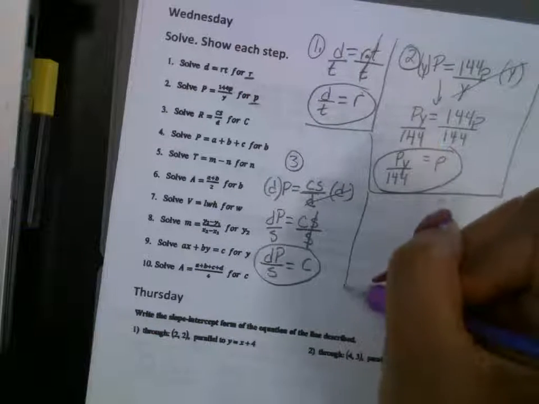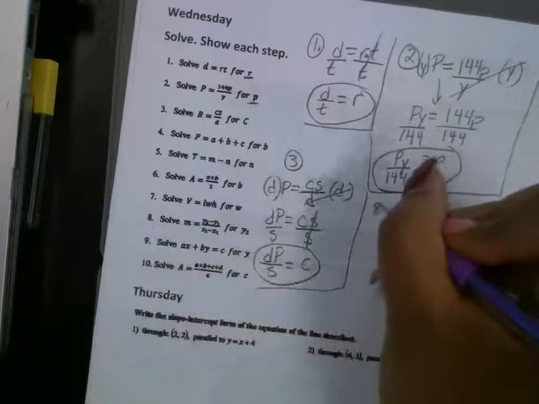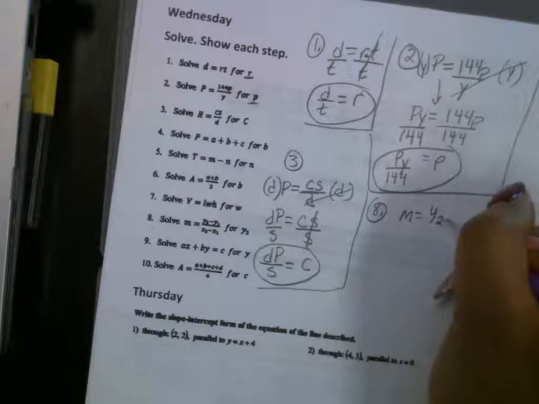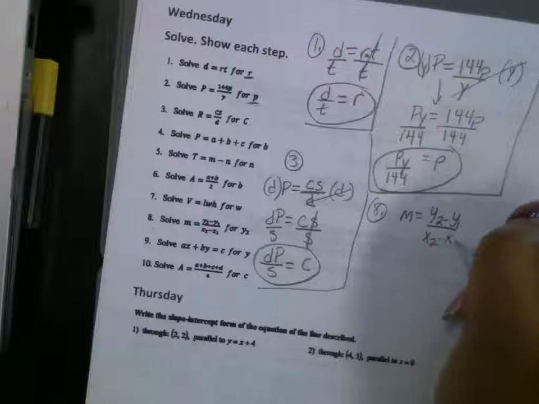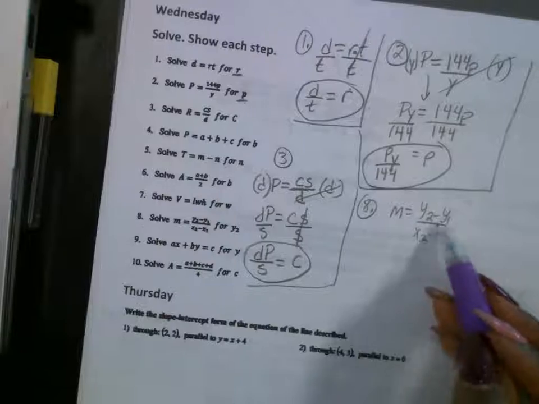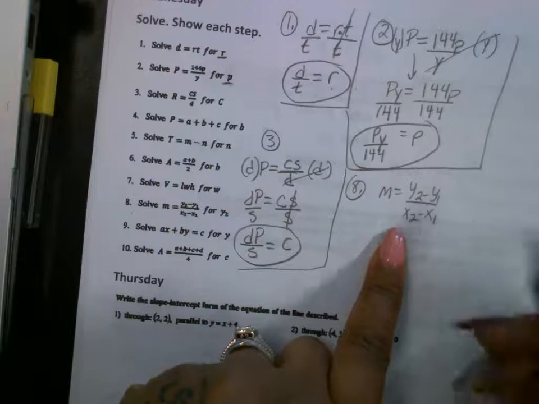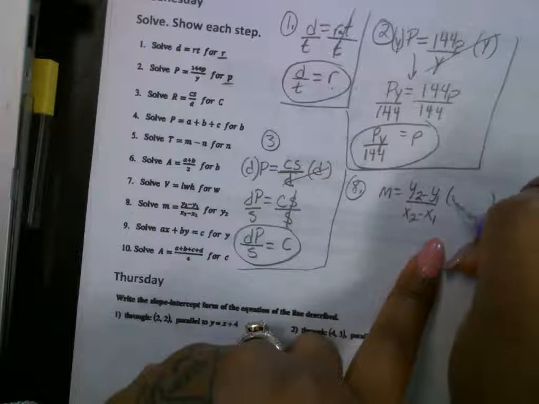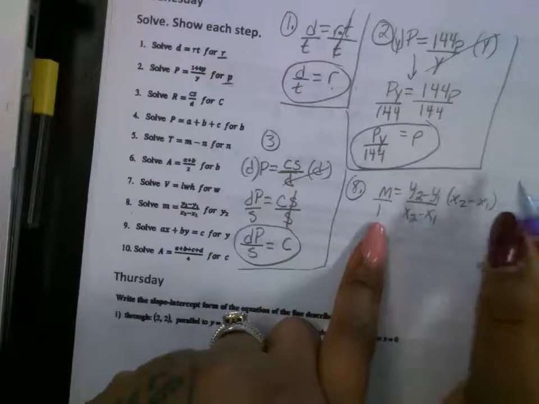For one that looks like, let me see, one that looks like number 8, all right? We have m is equal to y2 minus y1, slope formula, divided by x2 minus x1. And we're solving for y2. So in order to get y2 by itself, okay, we are first going to get rid of this denominator, multiplying both sides by x2 minus x1, or you can do a proportion.